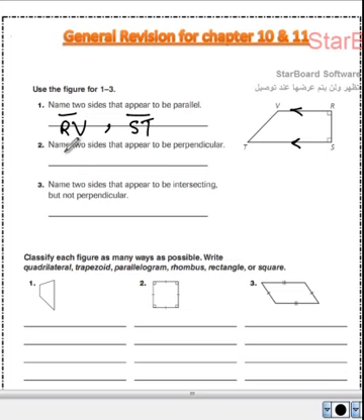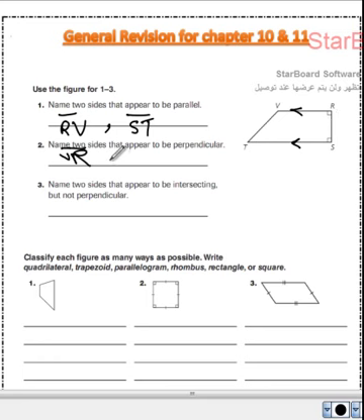Question 2. Name two sides that appear to be perpendicular. I can see two square corners. You can choose, yes, right. If you wrote line segment VR and great, RZ.